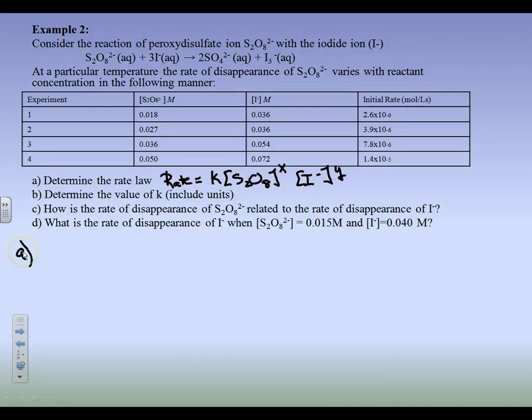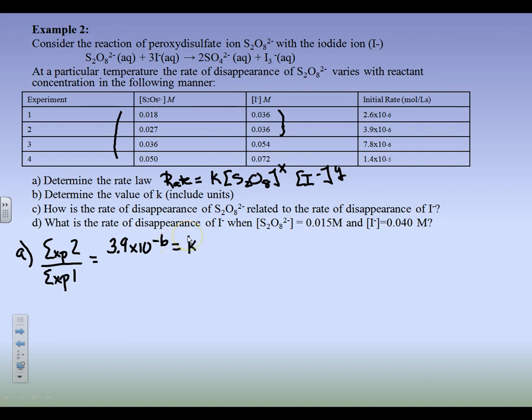Let's go ahead and get started with letter A here. Determine the rate law. Using our method of initial rates, I'm going to look for the best place where something can cancel out. As you look at this data, none of this is the same. These two are the same, so that might be useful. So I'm going to take experiment 2 and experiment 1 and use that to figure out one of my exponents. Let's do experiment 2 divided by experiment 1. Experiment 2's rate is 3.9 times 10 to the negative 6th.